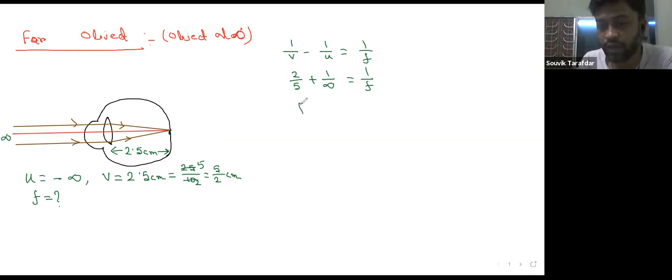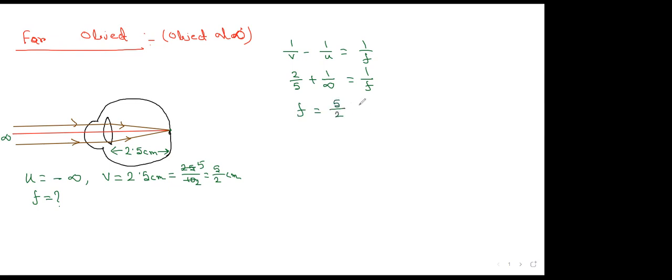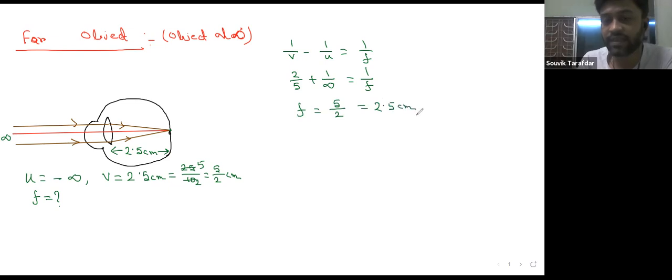So F is equal to 5 by 2, which is 2.5 centimeters. So the focal length at that time is 2.5 centimeters.